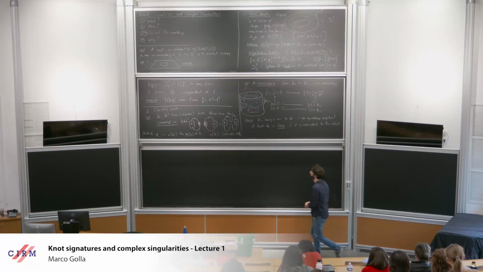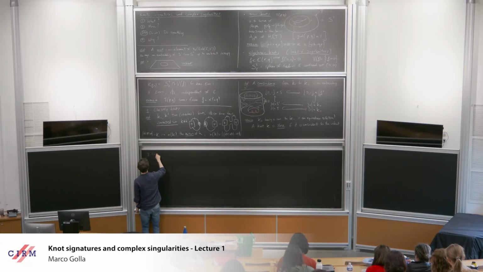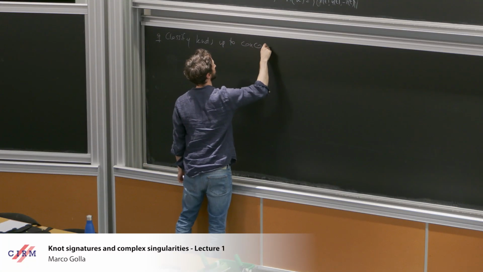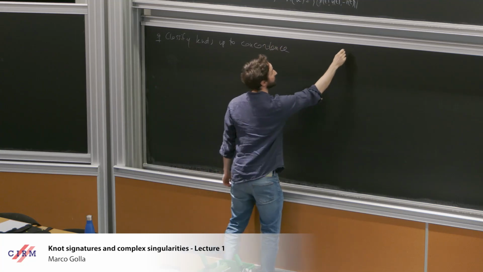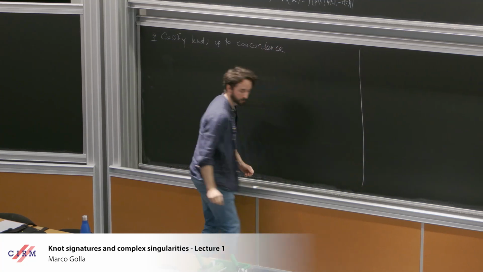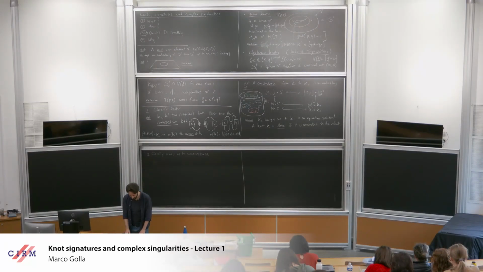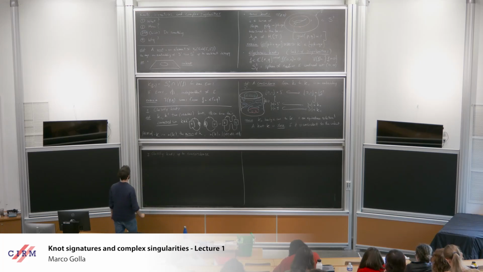So the new question becomes: classify knots up to concordance. This is still hard, but people have been at it for a while now, and we know quite a bit, but not everything yet. And what's the catch?